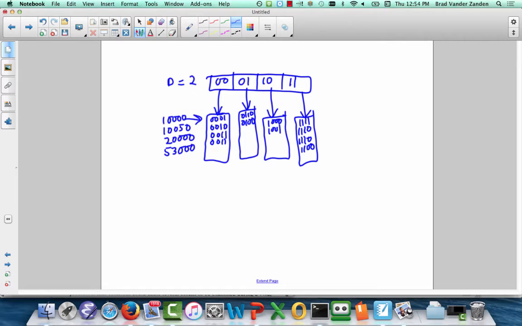What I'm showing you is what the keys hash to. So 10,000 hashes to a key that's 0001. 20,000 hashes to a key that's 0011. So it's okay to have collisions among your hash keys. They just end up in the same index block.